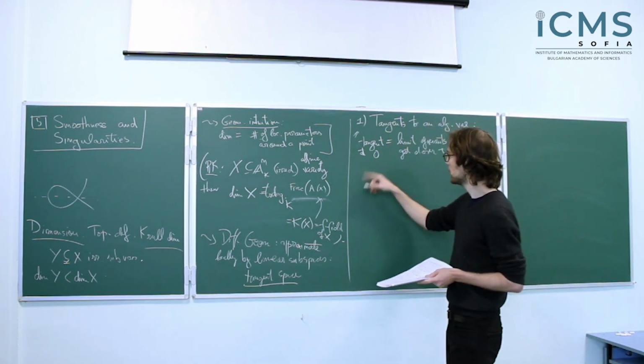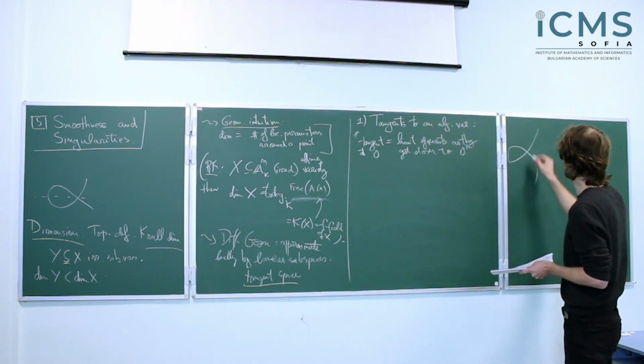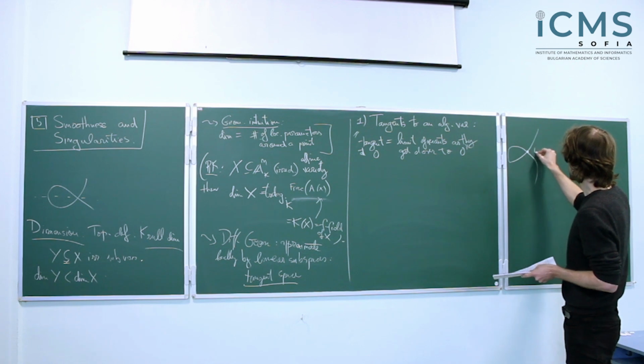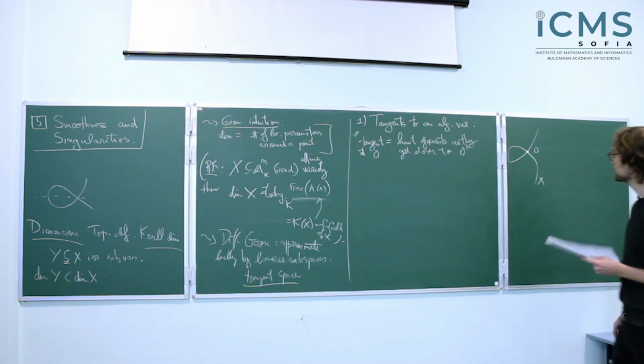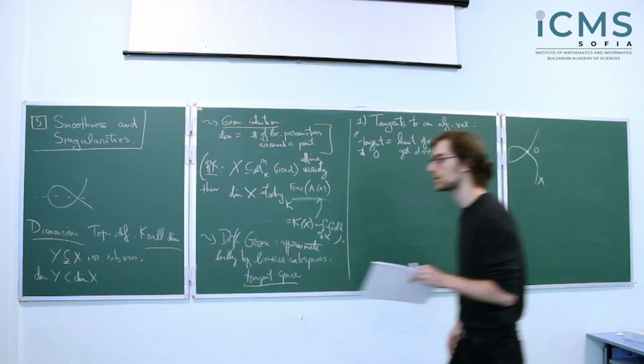So if we have a variety, let's say something like this, we have a point 0, so this is the variety X.